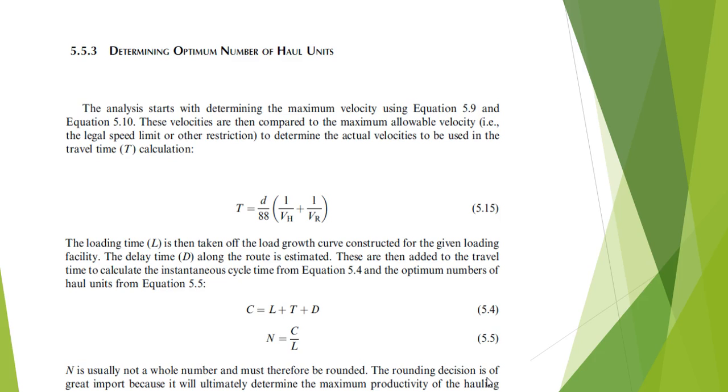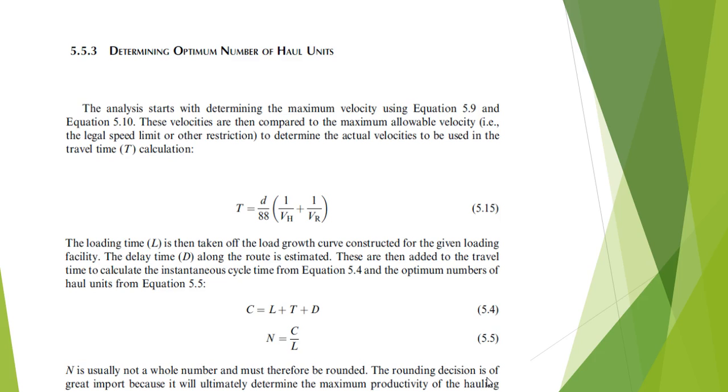And in this case, what we're talking about is, say, the legal speed limit or some other velocity constraint you might have in the site. There just might be drivers can't go any faster than 10 miles an hour because the site's congested or for some other reasons.